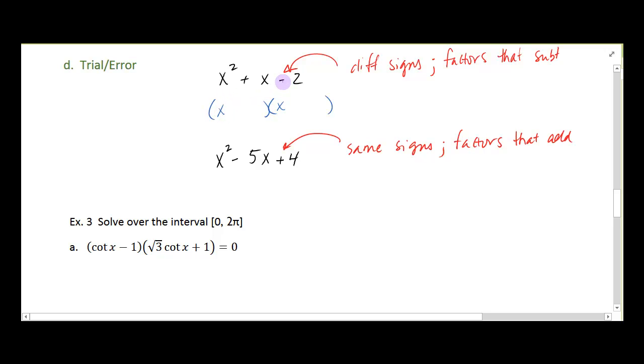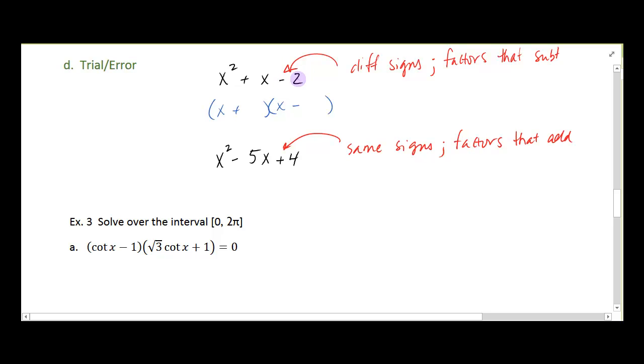Now, just reading the signs here, if the last sign is a negative, then I know that I have to have opposite signs, or different signs, occurring in the parentheses. The other thing I know from this minus sign is I'm looking for the factors of 2 that subtract to give me 1. So this sign even looks like a subtraction sign, and that tells me how to do this.